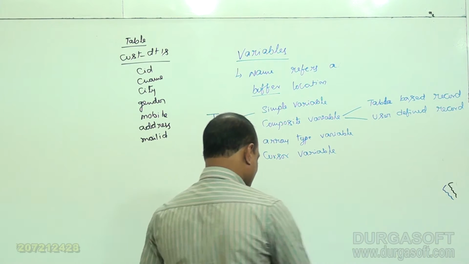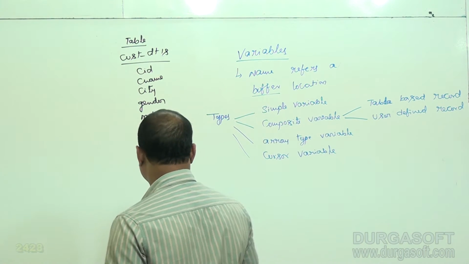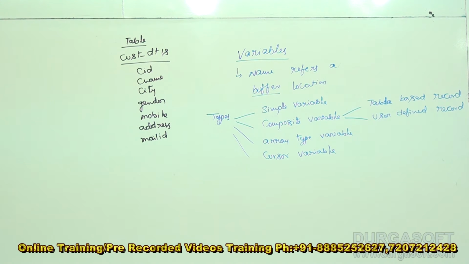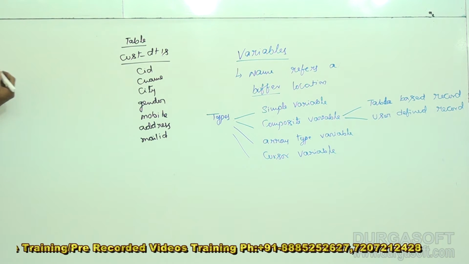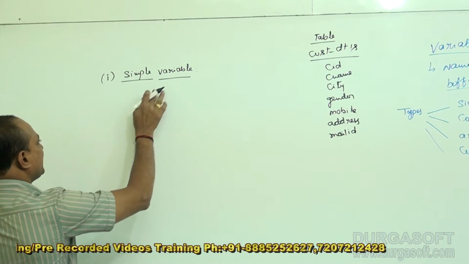Now what is a simple variable? How to declare a simple variable? Let me write here. Under a simple or scalar variable, you can store one value at a time. You can declare like this.